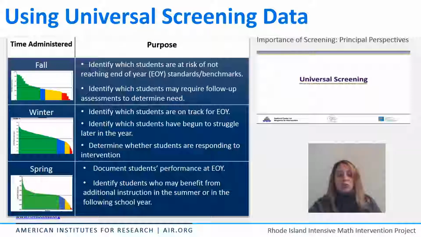So universal screening data can be used for multiple purposes depending on what time of year you are looking at the data. In the following video, principals will share their perspective on the importance of screening from their experience and how screening systems and processes are used in their school to identify students most at risk for poor learning outcomes.